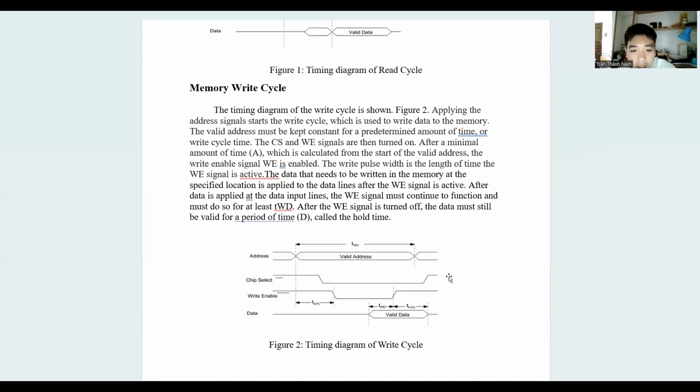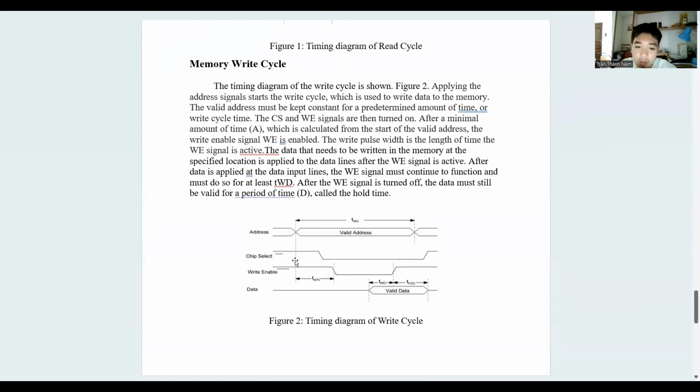After data is applied at the data input lines, the WE signal must continue to function and must do so for at least the WD. After the WE signal is turned off, the data must still be valid for a period of time. This is the figure of a timing diagram of a write cycle.